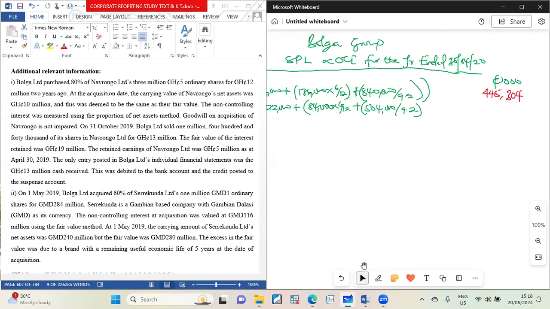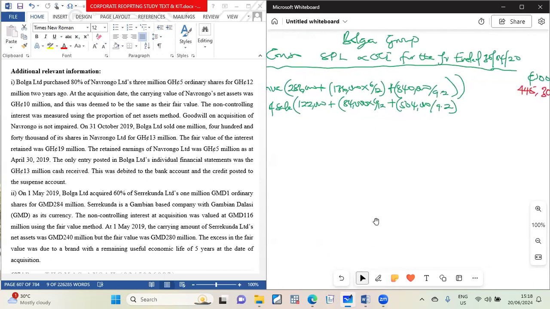The same thing I will do for the cost of sales. So 122,1,000 plus bracket open 504, oh no, 84,123 divided by 2, bracket close, plus the next one is a bracket open 504,000 divided by 9.2.